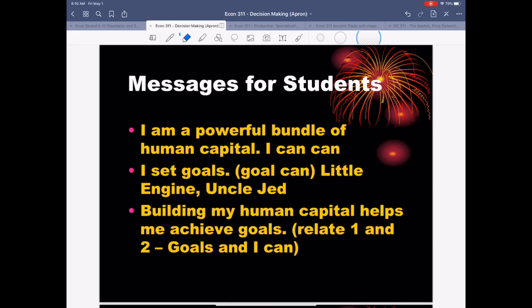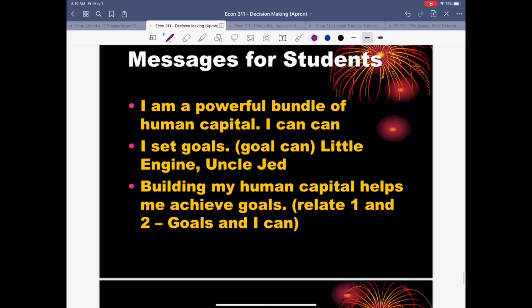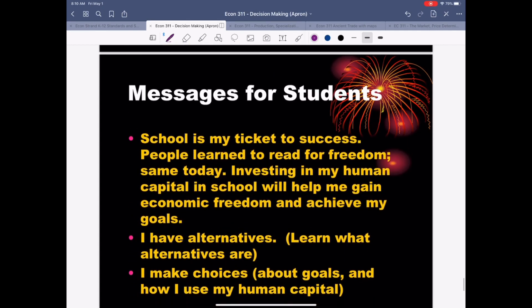They can also identify goals for characters in stories that they've read, like The Little Engine and Uncle Jed. And of course, we want to make sure that we relate those two things, that the goals and the I Can are connected to one another. And it's a really important thing to keep this in front of our students in the classroom as a constant process of growth towards this better understanding of decision making.